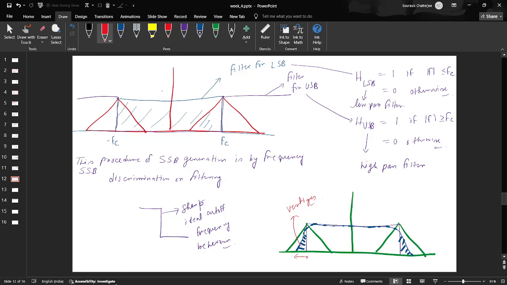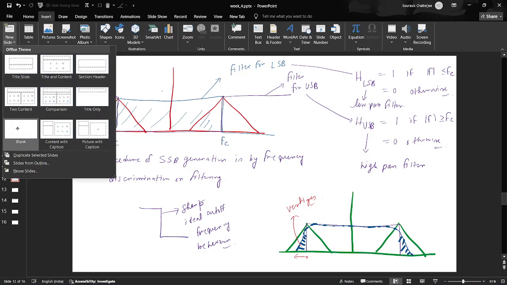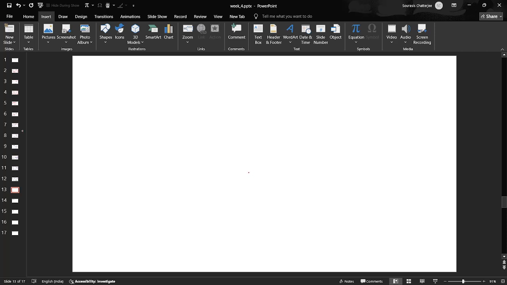So another method of SSB generation you can use is the Hilbert transformer we have just seen earlier. So let us look at that also. SSB generation.